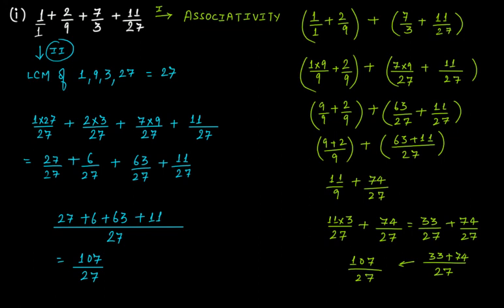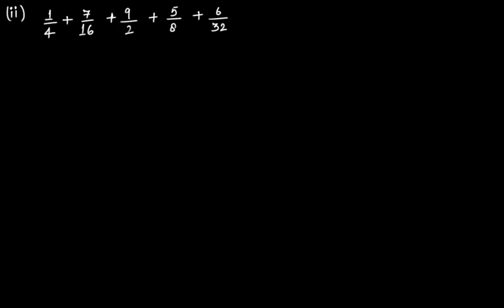Answer, this is equal to this one only. But you can see we have to calculate LCMs 3 times. That is why I was saying that it increases your number of steps. And that will be more clear when you see here.